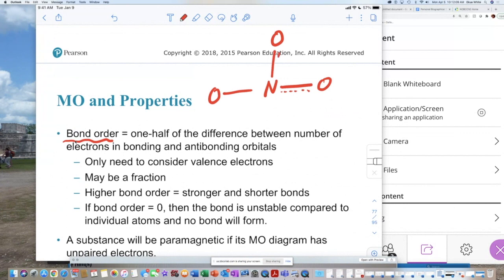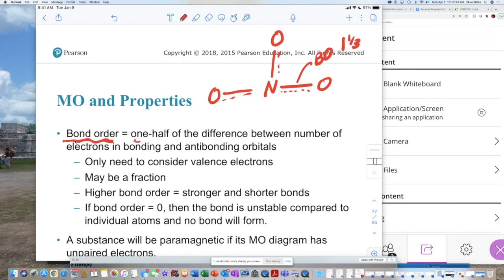Then you had a third of a bond each, and I told you the bond order was 1 1/3. We will be figuring out bond orders for the molecules that we're looking at. What is the bond order? How do we figure it out?